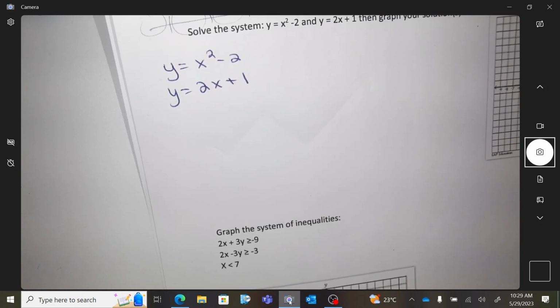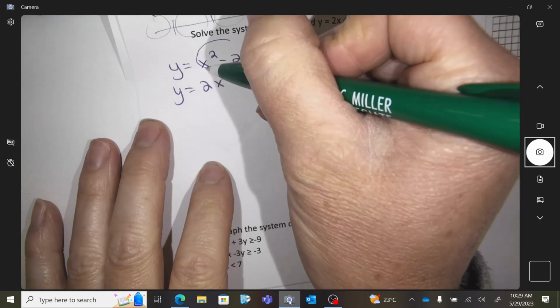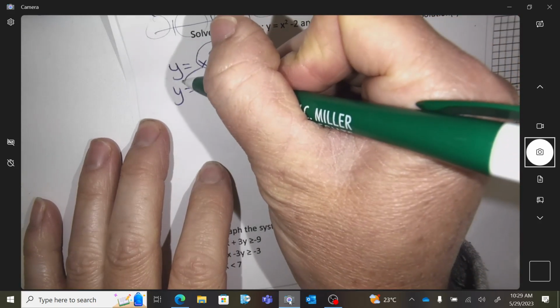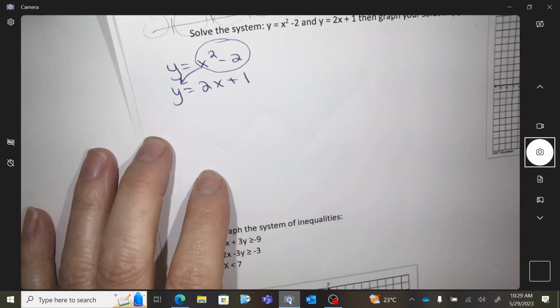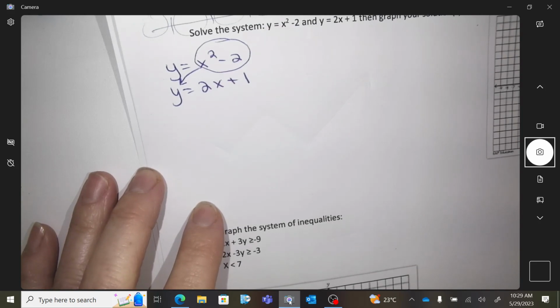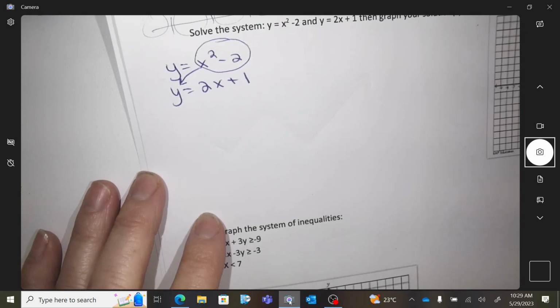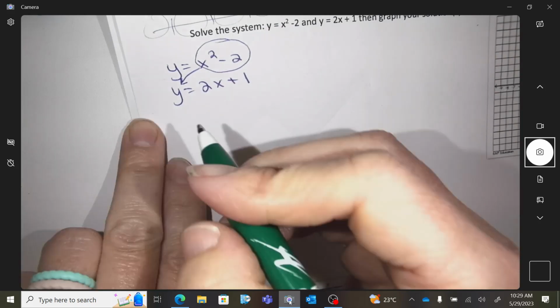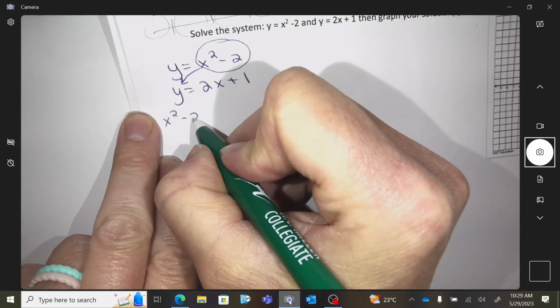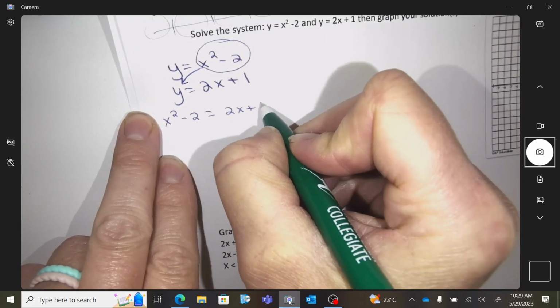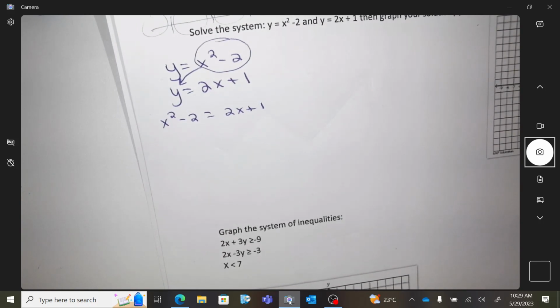Elimination or substitution? If I said you could pick, substitution, yeah. I'm going to put this in place of the y. That's a substitution, right? So that's what it would look like if I did a replacement, a substitution.